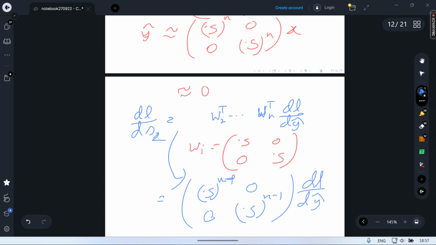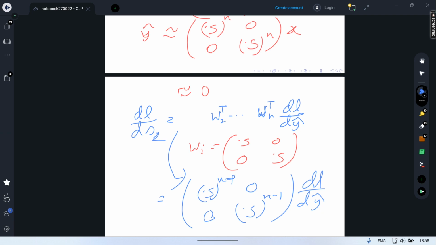So again, if n is large, then 0.5 to the power n minus 1 will be very small. As a result, this matrix will be close to a zero matrix, and if you multiply some gradient with a zero matrix, you will get close to zero gradient.